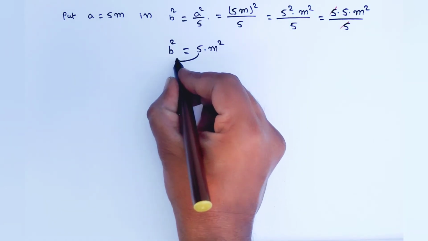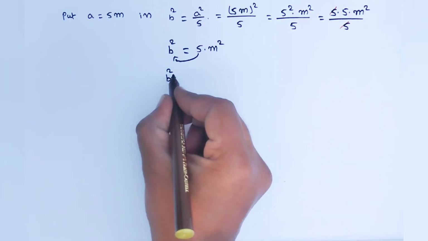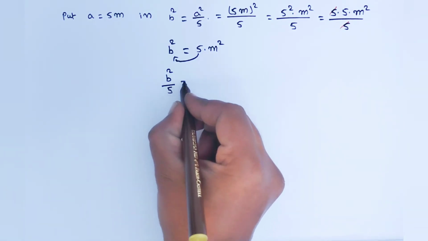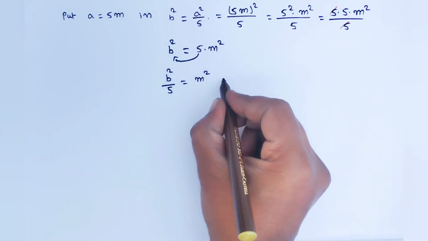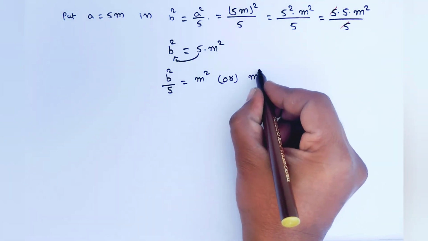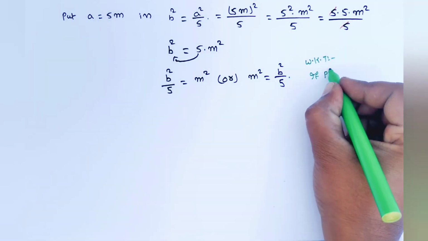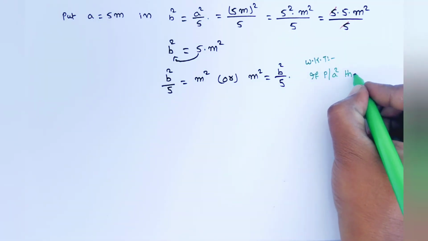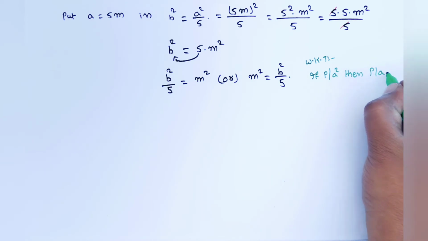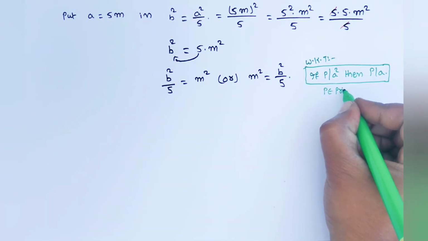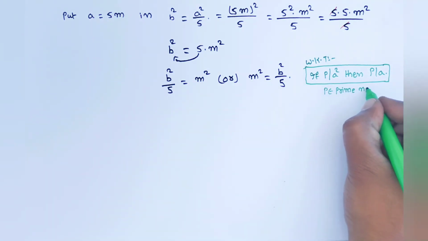So 5 is transposed to the RHS. That is, b square divided by 5 equals m square, or m square equals b square divided by 5. By the theorem, if p divides a square, then p divides a, where p is a prime number.